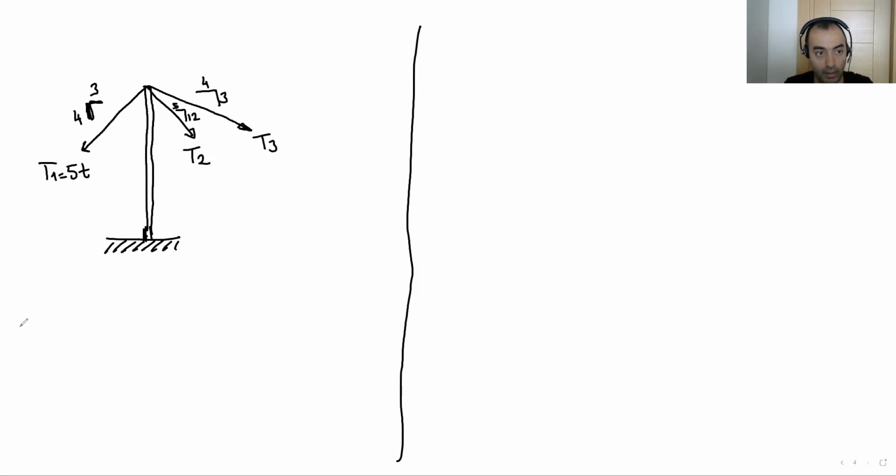The slopes of these ropes are given with these numbers.